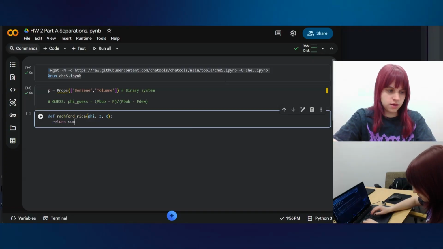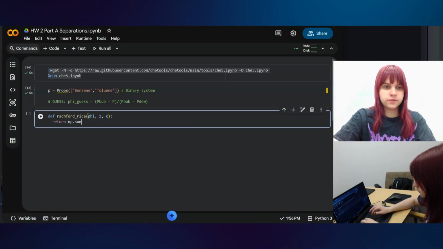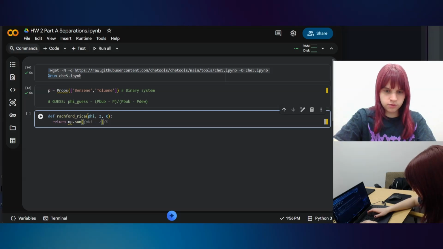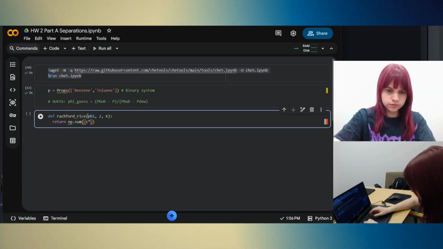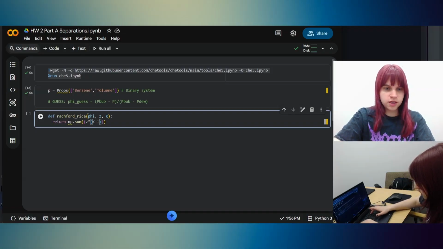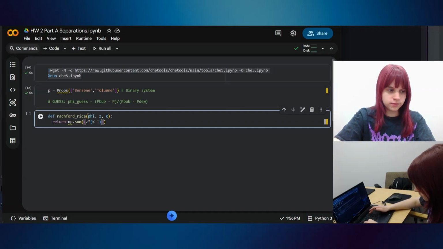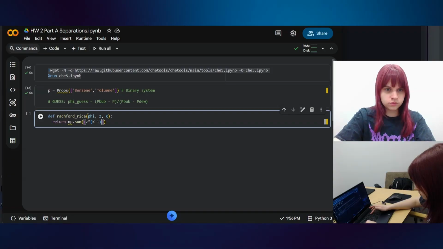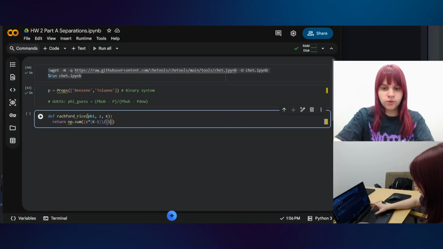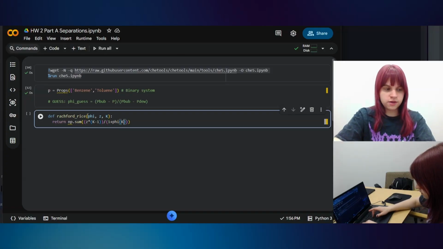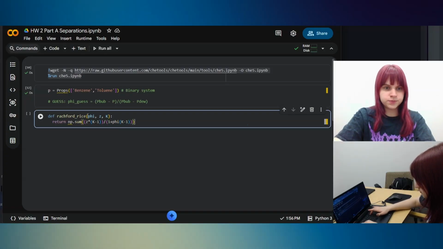This is the summation that we calculated before, which was z times k minus 1 divided by 1 plus phi times k minus 1.